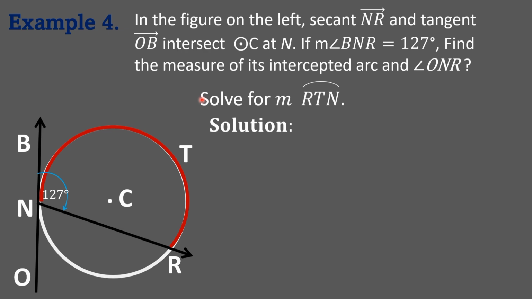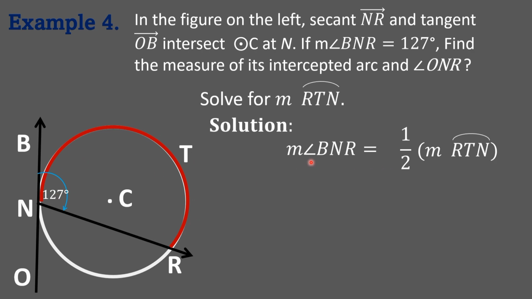Let's solve for the measure of arc RTN. Arc RTN is the intercepted arc of angle BNR. The measure of angle BNR is equal to 1/2 the measure of arc RTN.